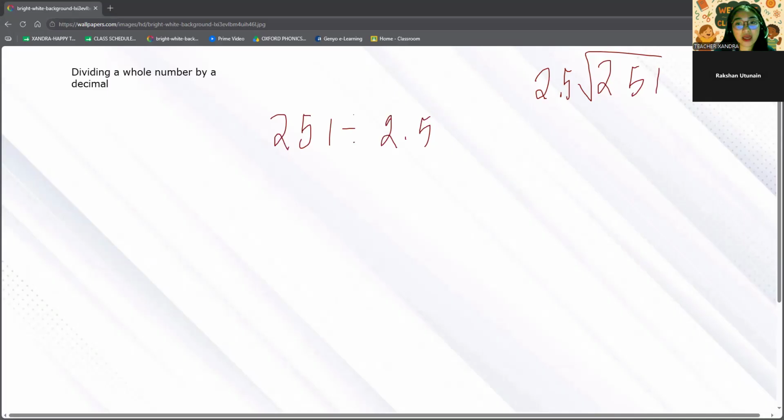So 2.5 becomes 25. And since you moved it once, you also move the decimal point here once. So you add 0. So 2,510 divided by 25.